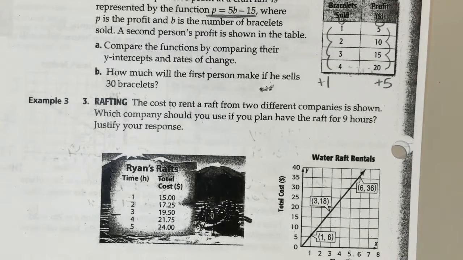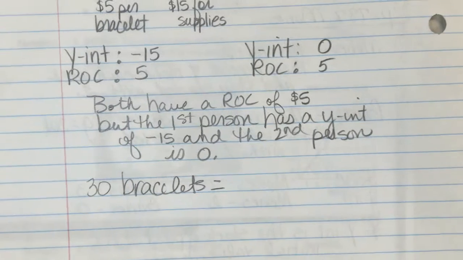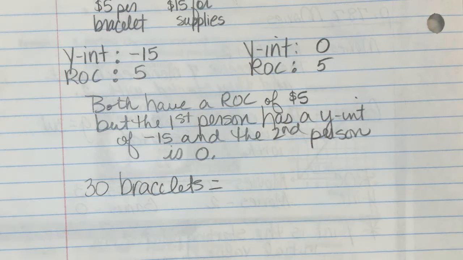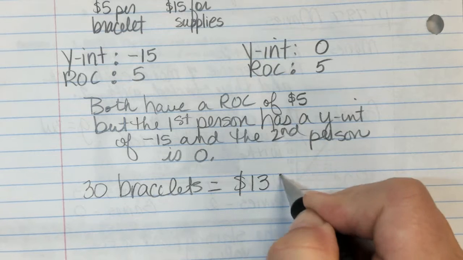Okay? How much will the first person make if he sells 30 bracelets? $30 times 5 would be 150. Minus 15, right, 135. All right, y'all work hard on this homework.